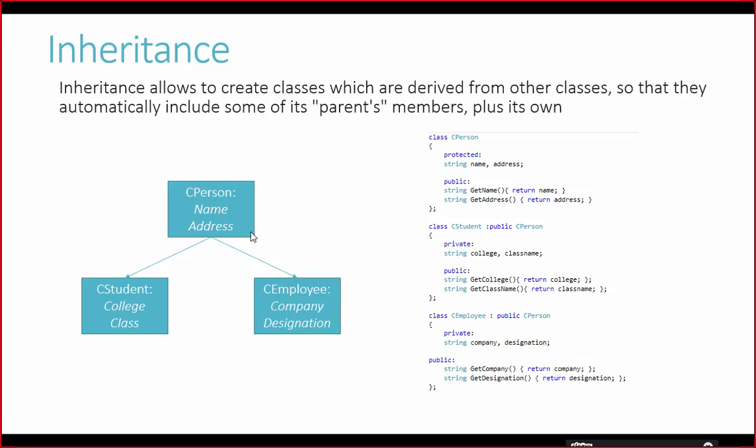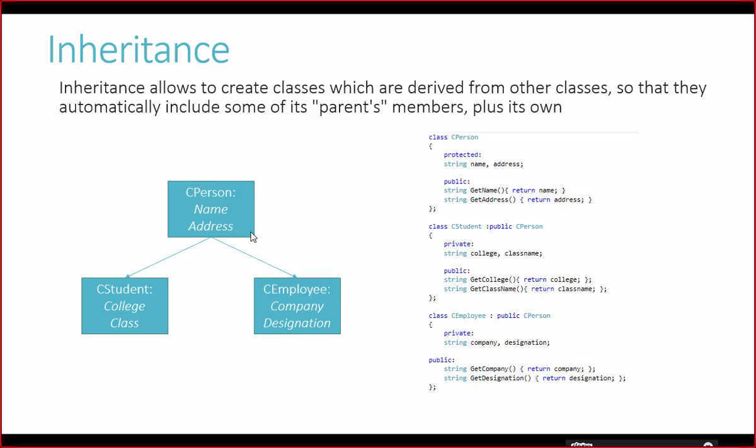So why do we need this kind of arrangement where we have a person, and then student and employee derived, or inherited, as children classes of person? Because in C++ we want to focus more on design where the code is more reusable and less buggy.